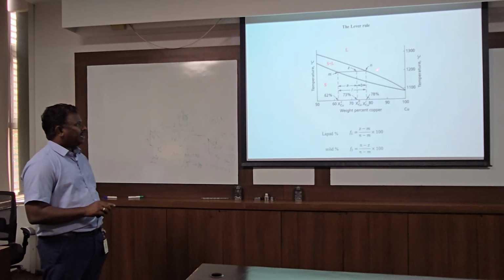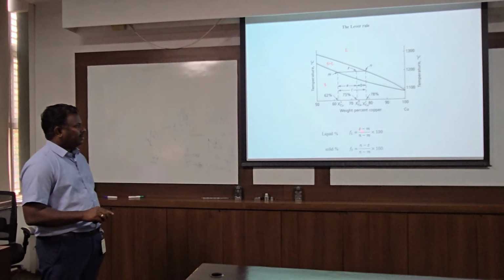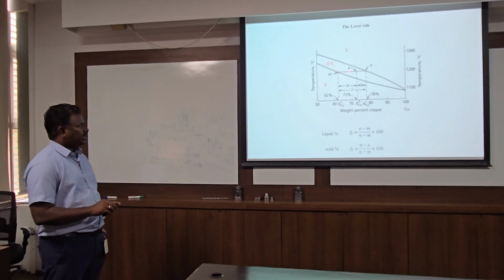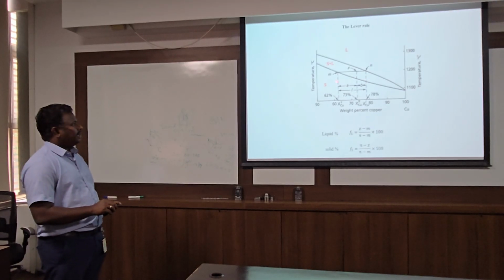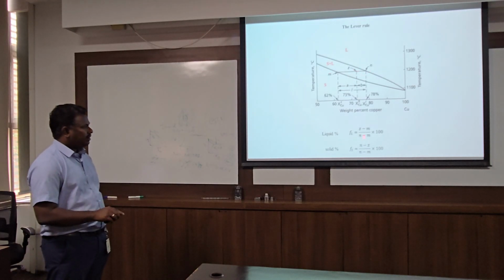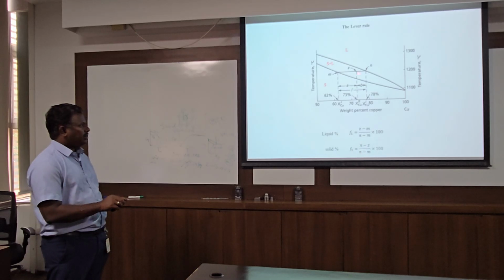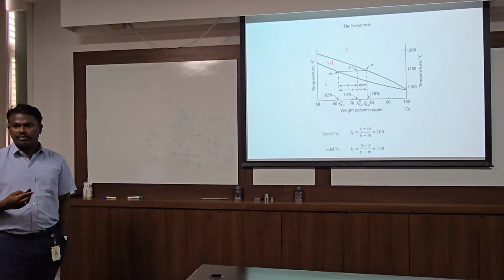How will I calculate how much liquid is there? I have to take this segment, M and Z, divided by the total segment, into 100. That is the percentage of liquid. And similarly, for how much solid, we have to do the opposite side, so this Z and N, divided by the total. That is how we calculate how much phase fraction is there.